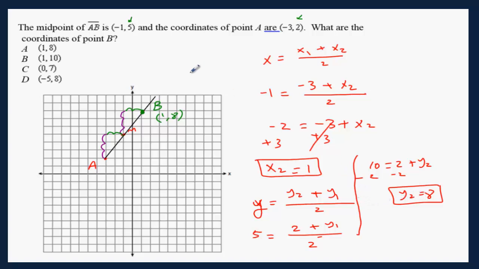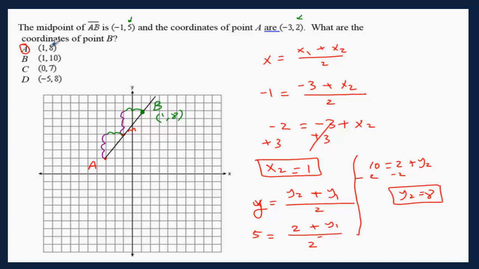So we did 3 ways. The first way graphically. The second way mentally, by moving distances from -3 to -1, and estimating the other point of this segment. The last way: this is a multiple choice question.